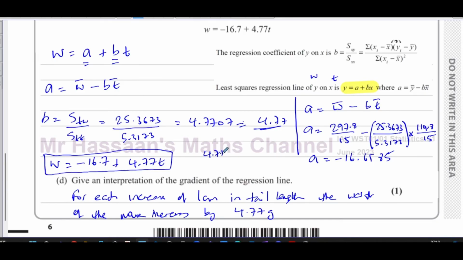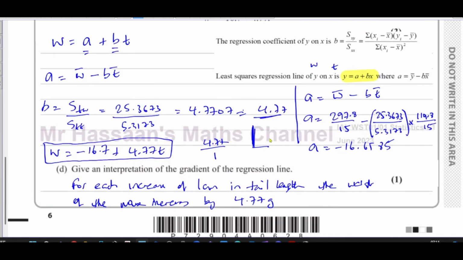It's like 4.77 over 1, the change in y over the change in x. The change in the weight is going to be 4.77 for every 1 increase in the tail length. Okay, so there's part D done of this question.